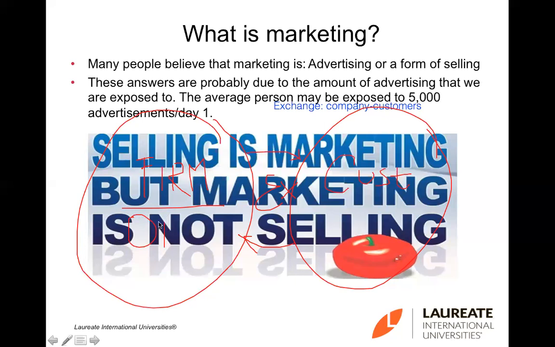So in this instance, as a company, we have something to offer. We have the offering. And the customers have needs. Without the customer's needs, we can't drive the exchange process because it is not relevant for the customers. The other thing that the customers must have so we can drive the exchange process is their purchasing power.